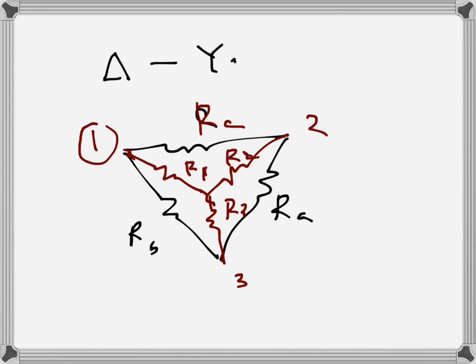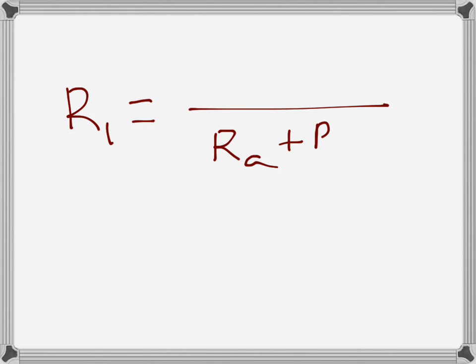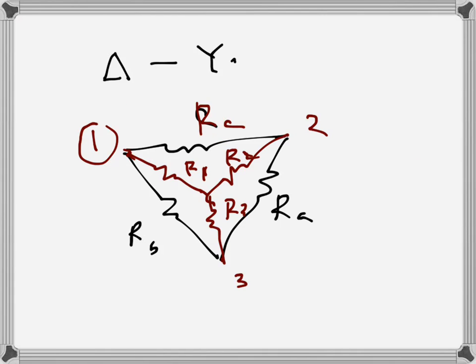So here we have a delta connection, we want to convert it into Y, so we need to find the equivalent Y values. So we want to see what will be the value of R1. From delta to Y conversion, R1 will be, in the denominator we will add all the three delta resistances, and the numerator will be, let's see that R1 is connected in Y connection to node 1.